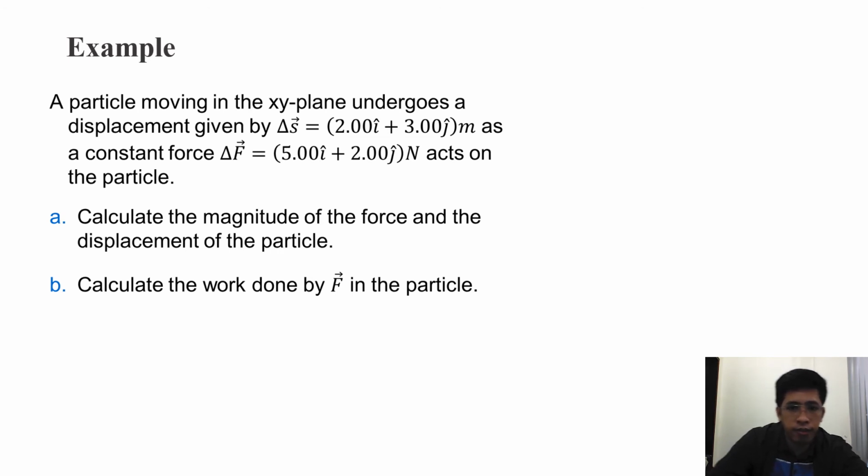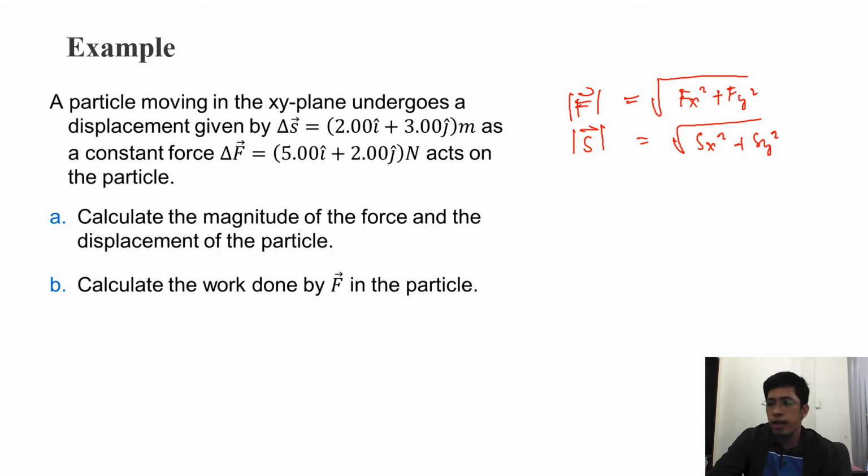That is on the first problem. You're asked for the magnitude of your vector F, and then the magnitude of your vector S. And you already know this one, so I'm going to leave this to you. But it's just again the square root of your fx squared plus your fy squared. So here you have your sx squared plus your sy squared.